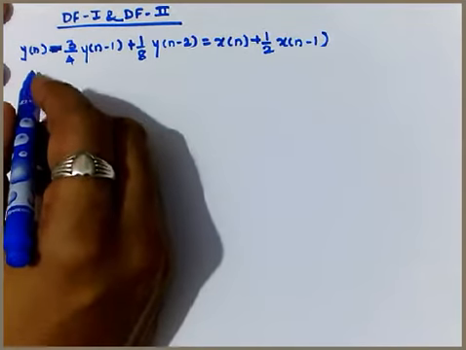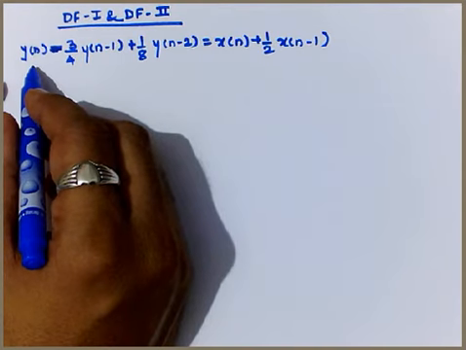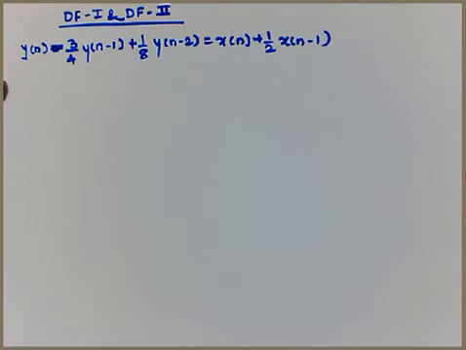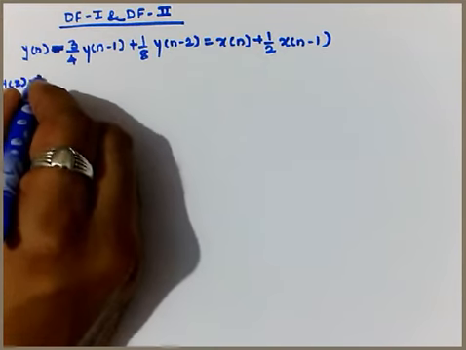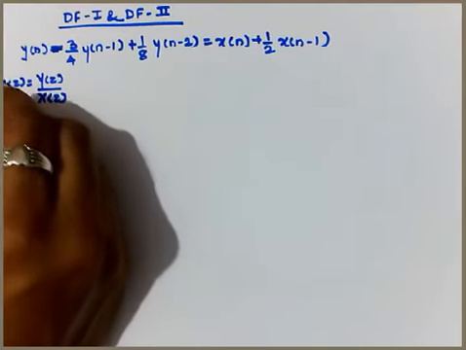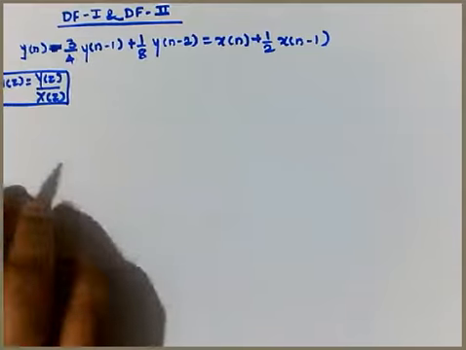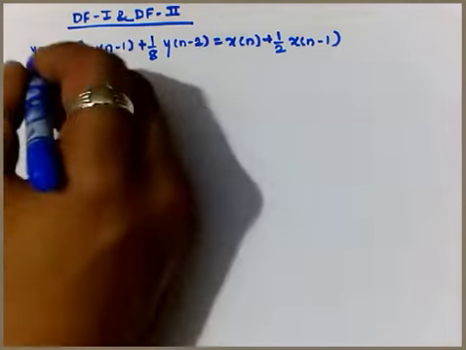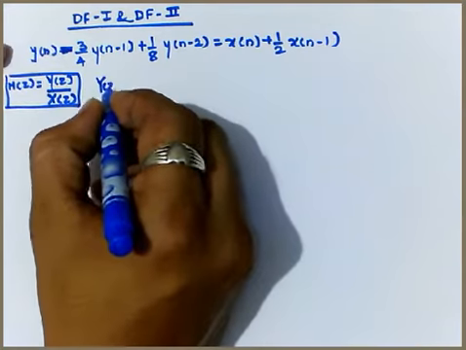To get the H of z, whatever the difference equation with us, first of all take its z transform, because our aim is to get H of z, which can be obtained by Y of z by X of z. Now to get this H of z, let's find the z transform.